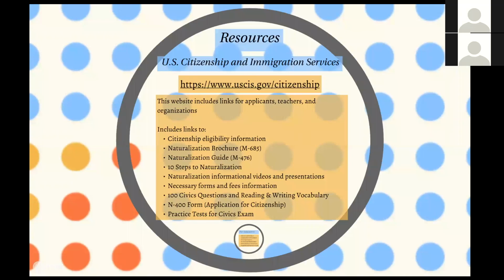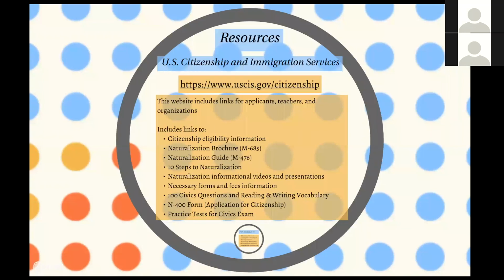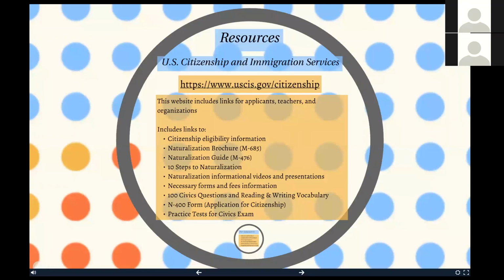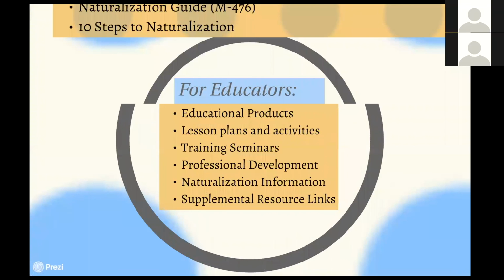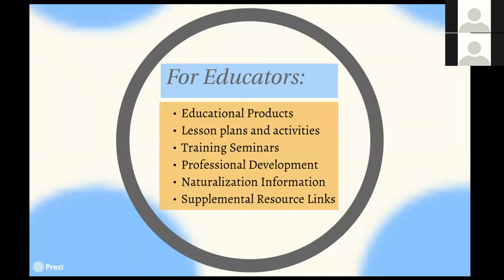On this website, there's information for students as well as information for educators specifically. They have products, lesson plans, activities. They do training seminars and professional development. And there's lots of supplemental resource links available on the USCIS website. I can't recommend this website enough for helping you as you're developing this course.